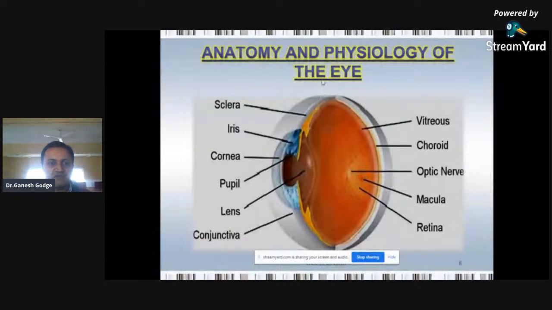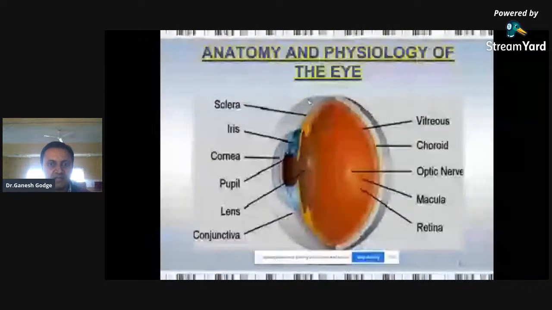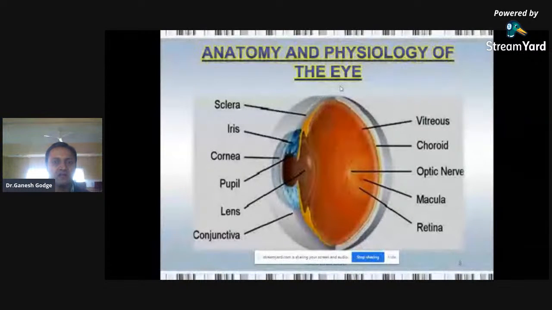Say, for example, you are a formulation and development scientist and in your company you have to prepare a formulation which is going to target the superficial layer of your ocular sac, and you do not have an anatomy and physiology background of the eye, so you do not know what that superficial layer is called.